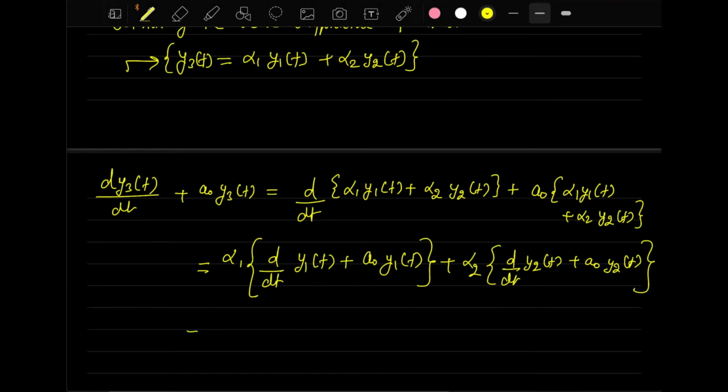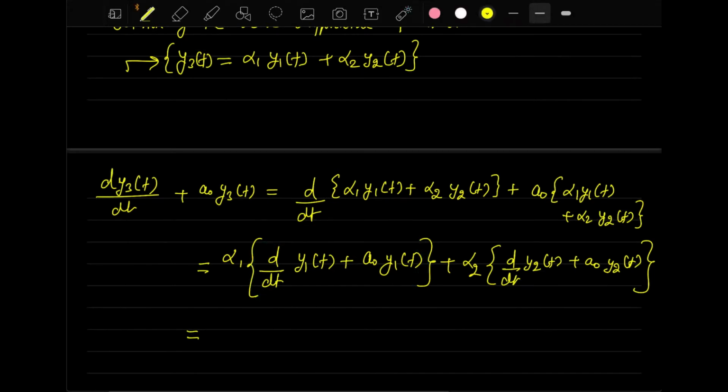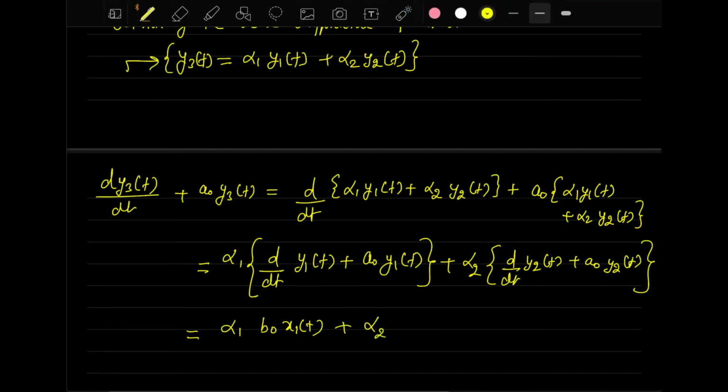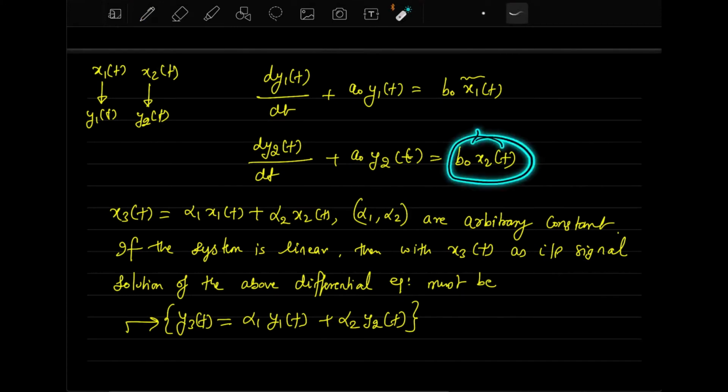We have already written this particular term as alpha 1 b0 x1(t), because this term is coming from the excitation due to x1(t). Similarly you can write the other one as alpha 2 b0 x2(t), because we are substituting this value instead of these two.